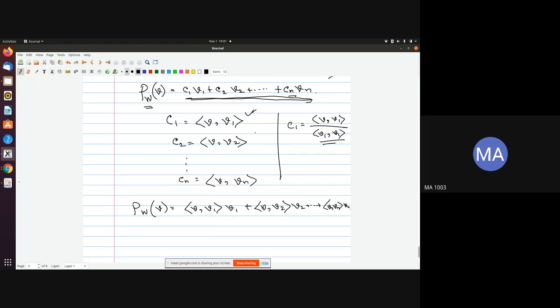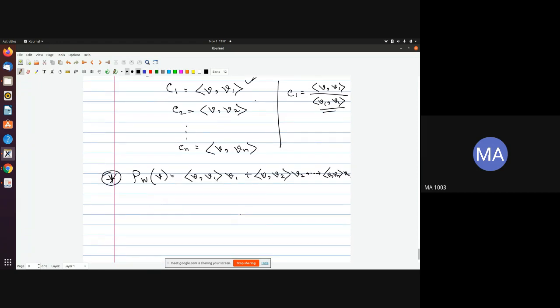Now, if we want to check P squared, it should be the same as P, right? Can you check that P squared is actually P? Is it possible to check? P is a linear transformation, right? So if I apply PW on this linear combination, these are all scalars.